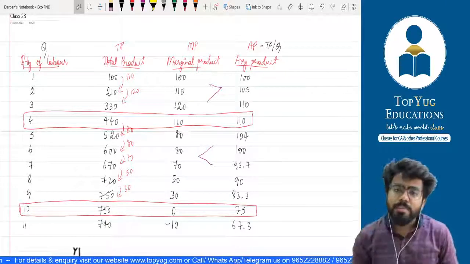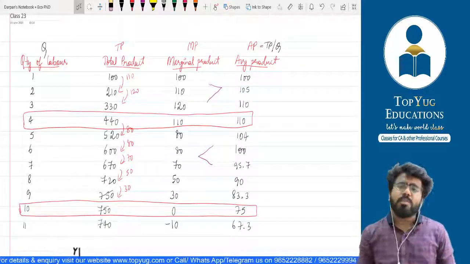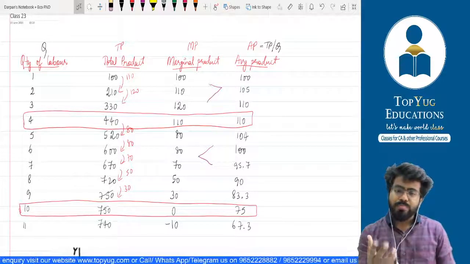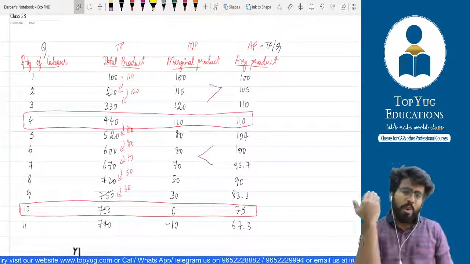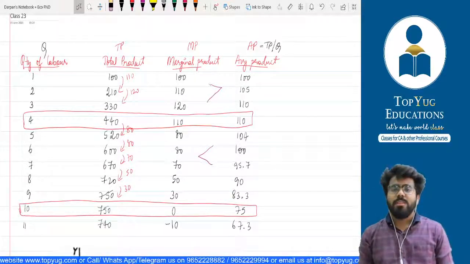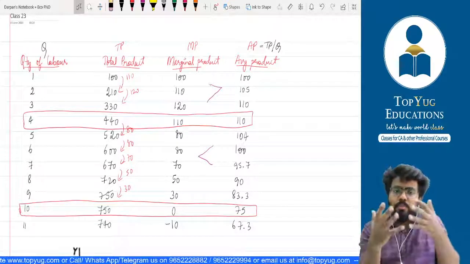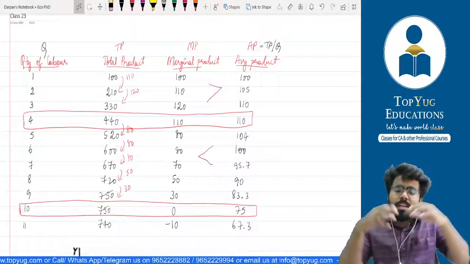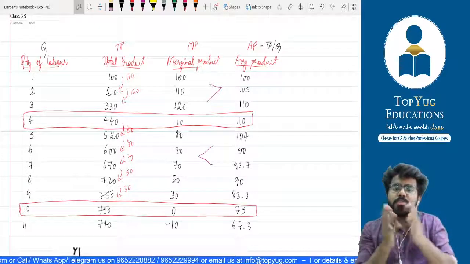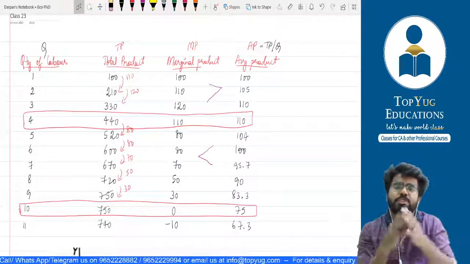Now why will this happen? In what scenario will this happen? This will happen in the scenario where you have employed so many laborers that you are not able to manage them, right? There's so much politics going on around them. There's so much time waste. They're gossiping among each other.